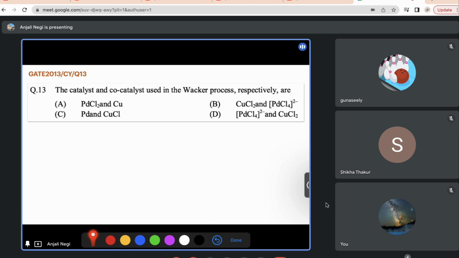We are given four options, and if you have gone through the Wacker process while studying, you might get confused, because all four options contain copper and all four options contain palladium, correct? But the correct option we will find out. So I'll just go back.